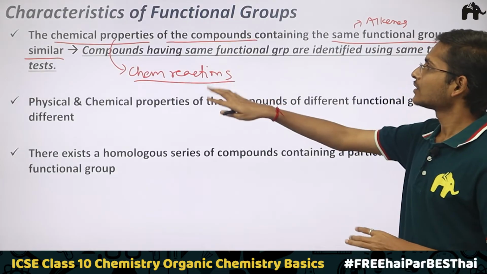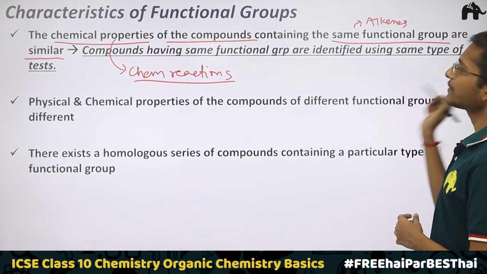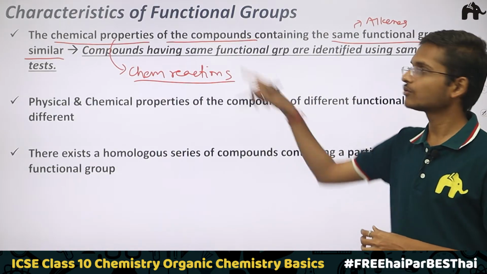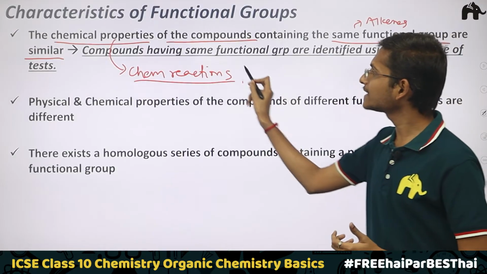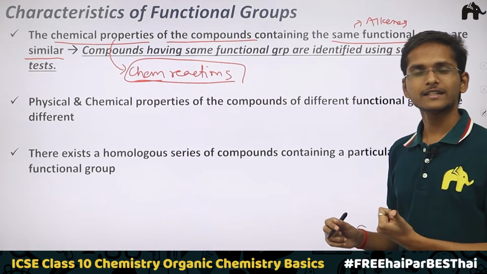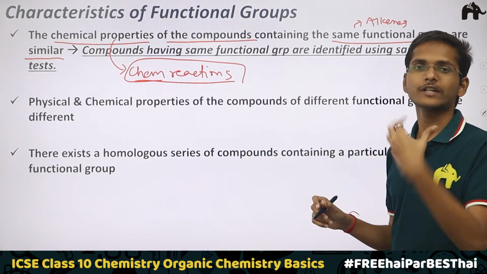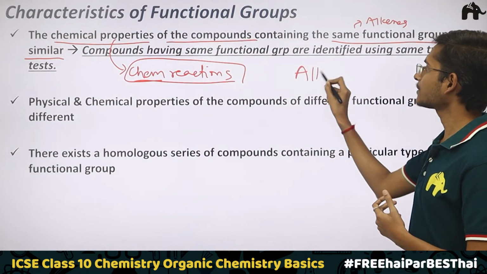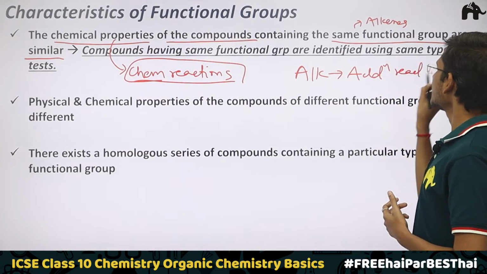Now here, the compounds having the same functional group are identified using the same type of tests. That's the reason. Since they show the same chemical properties, which means the same chemical reactions, I know any alkene would give me this chemical reaction, because alkenes show addition reactions.